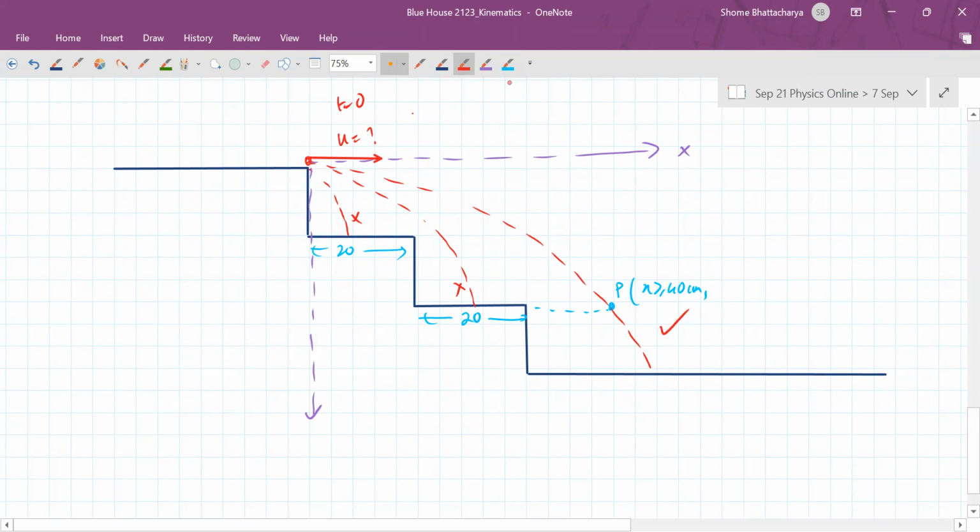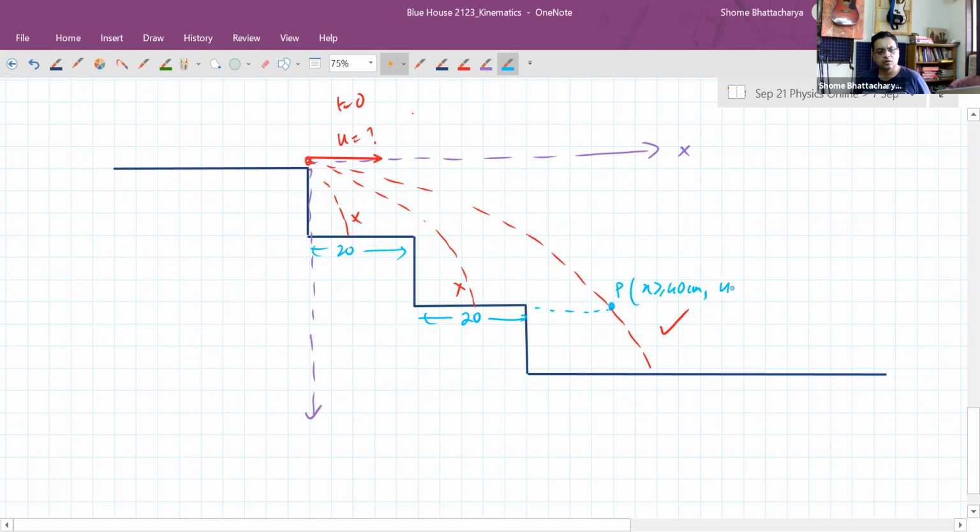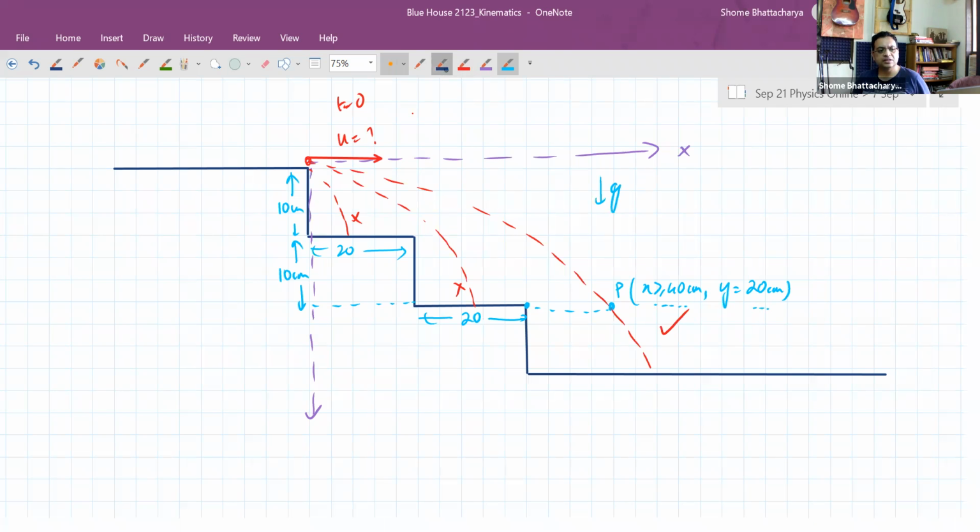Whereas its y coordinate at that moment is how much? It is 20 centimeters. So it has to miss this corner point. So its x coordinate has to be greater than 40 centimeters at the moment when the y coordinate is 20 centimeters. Now I can also write time-based equations here, which is very easy actually.